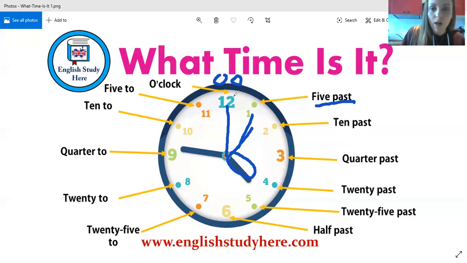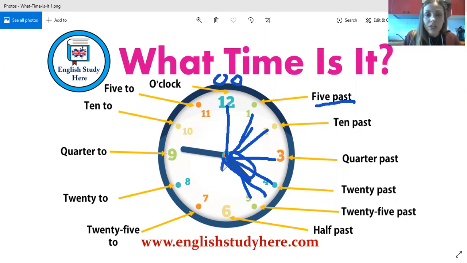If you see the short hand here, it is 10 past 12. Here, it is a quarter past 12 that we just did before. Here, 20 past 12. 25 past 12.